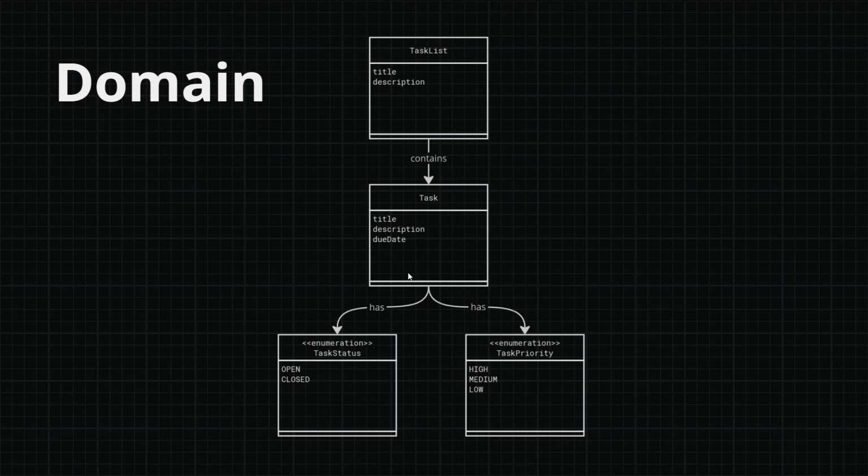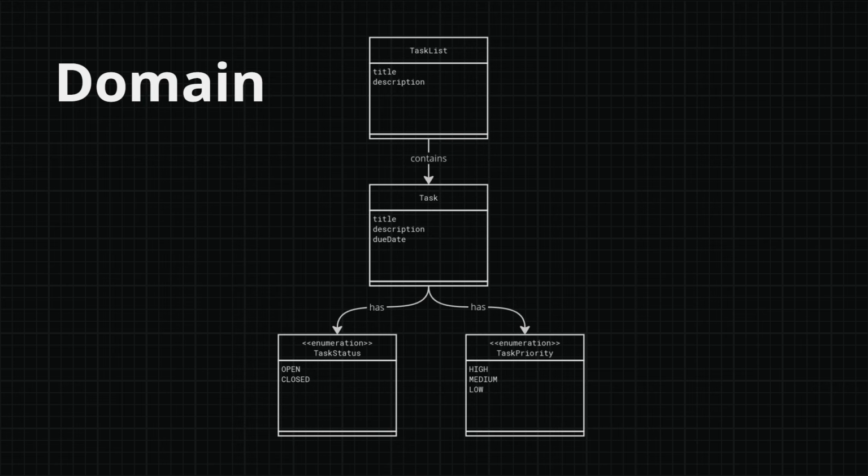But perhaps what's a little new here is I've chosen to represent the task status and the task priority as enumerations, as enums. And we can see here we have a task status of either open or closed, and a task priority of either high, medium, or low. I've shown the relationship between task and task status, and task and task priority, as has. So that's to say a task has a status and a task has a priority.